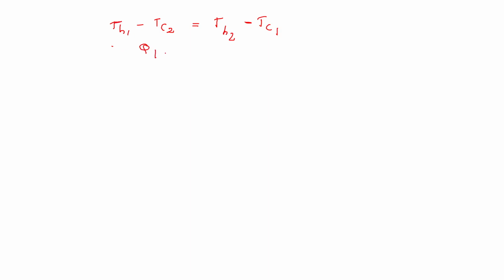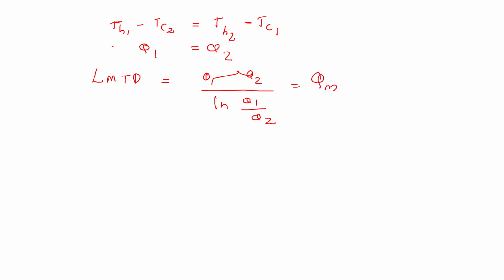You can take this as theta 1 and theta 2 for easiness. Now our LMTD equation will be (theta 1 minus theta 2) divided by log of (theta 1 divided by theta 2). That we call theta m. Now we take theta 1 divided by theta 2 as x.